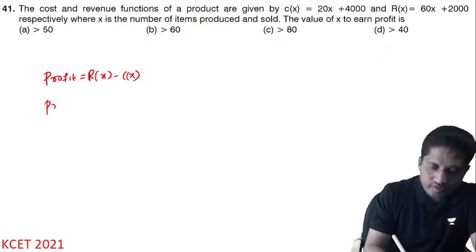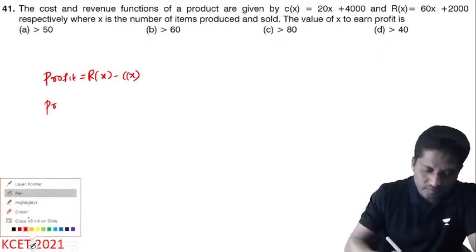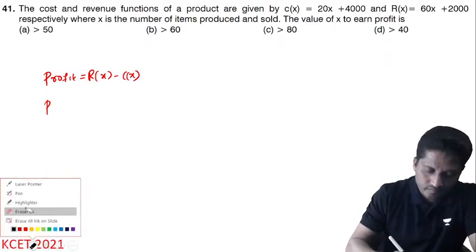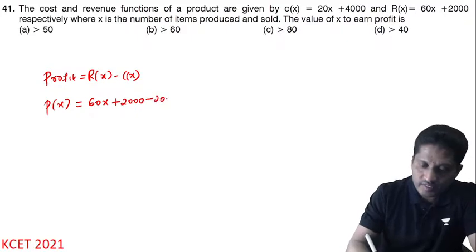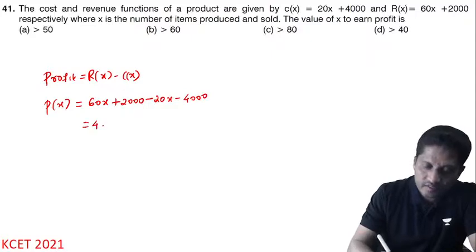I'll take the profit function as P of x. Revenue is equal to 60x plus 2000 minus the cost, that is 220x minus 4000. If I subtract, this is equal to 40x minus 2000.